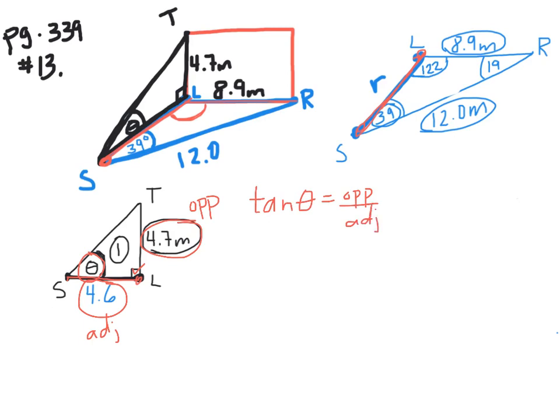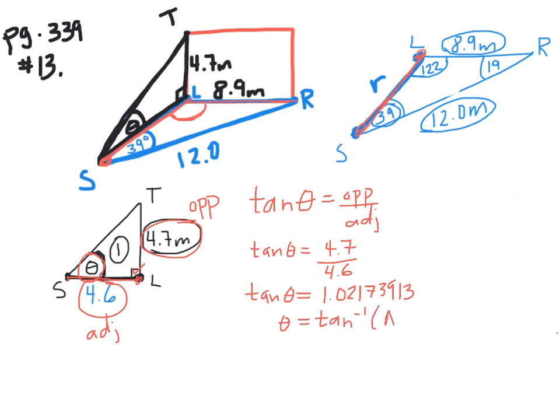Filling in the blanks, we end up with this. Obviously, taking the tan inverse of this number, I'll just put tan inverse of the answer. When I do the tan inverse of this and round it properly to the nearest degree, as your book says, I end up with 46 degrees.